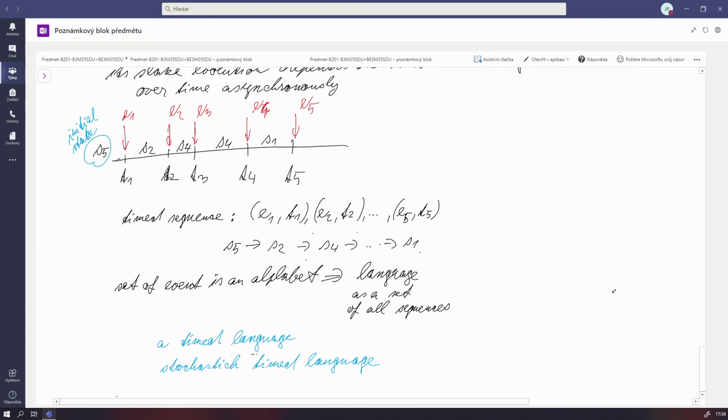And I think this is where we can finish today. And next time we will continue with formal description and modeling of automata, languages, and so on.